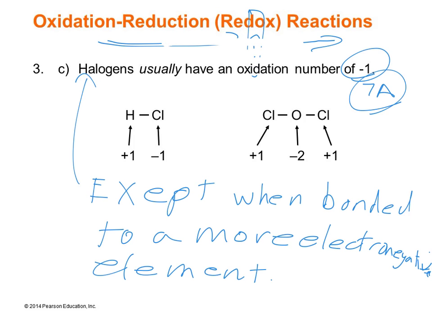As a matter of fact, basically the only things that you can bond to a halogen that will make it be something other than -1 would be oxygen. Oxygen's more electronegative. It's going to get to be too negative and force the halogens to be something else, like +1s.